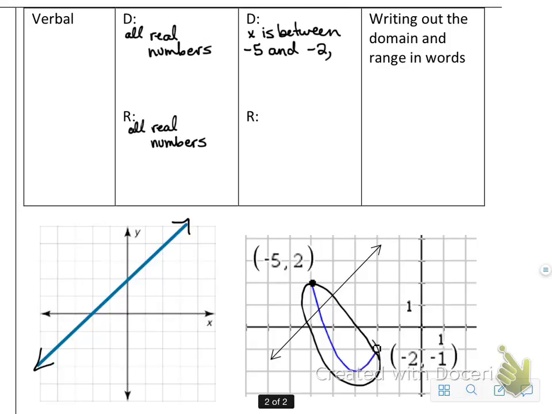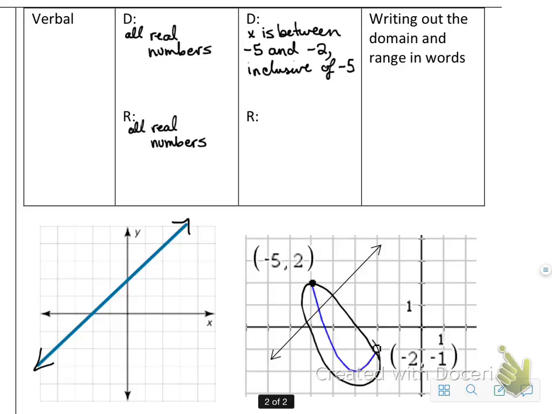Now, to say that it's only included when you have -5, because that's the closed one, right? That's the one with a line under it. You write inclusive of -5. That's it. Okay, so we know that x is between -5 and -2, and -5 is the only one that's included, so you write inclusive of -5.